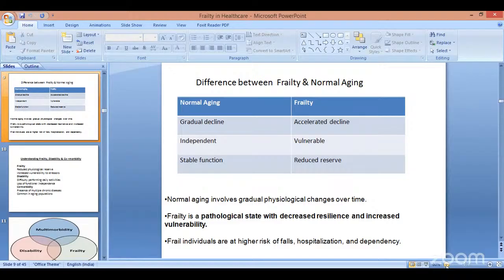Normal aging involves gradual physiological changes over time. Frailty is a pathological condition that decreases resilience and increases vulnerability. So frail individuals are at higher risk of falls, as we discussed earlier, and hospitalization, and they become dependent on others.